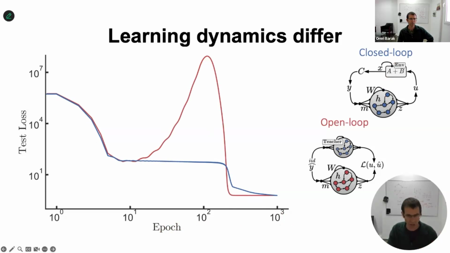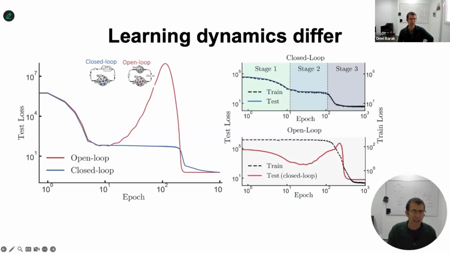Let's take a closer look at this. Now we're going to separate the train and test loss. Test on the left, train on the right. In the closed loop setting, we see they're very, very similar, which makes sense because it's the same distribution. In the open loop, however, we see that while learning in the train set in the open loop is monotonic, the closed loop test set has this weird behavior.